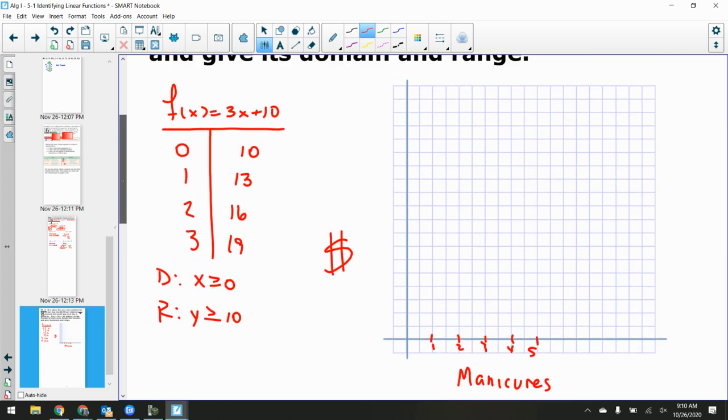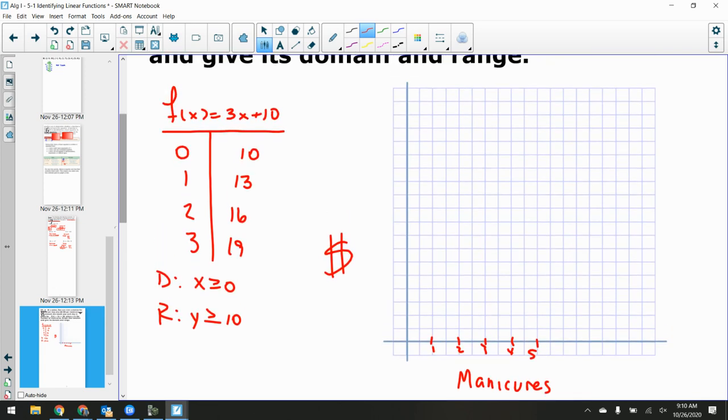Always label your axes. All right, y values, I have to go all the way up to 20, hopefully, and beyond. So let's go by 2s. 2, 4, 6, 8, 10, 12, 14, 16, 18, 20, 22, 24, 26, 28, 30.